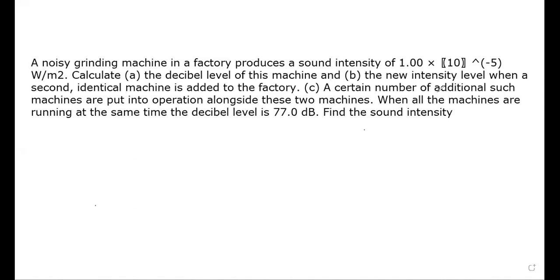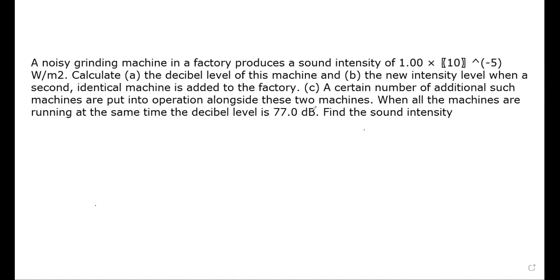Let's see what the third question is saying. A certain number of additional such machines are put into operation alongside these two machines. So more machines were now added. When all the machines are running at the same time, the decibel level is 77 dB.